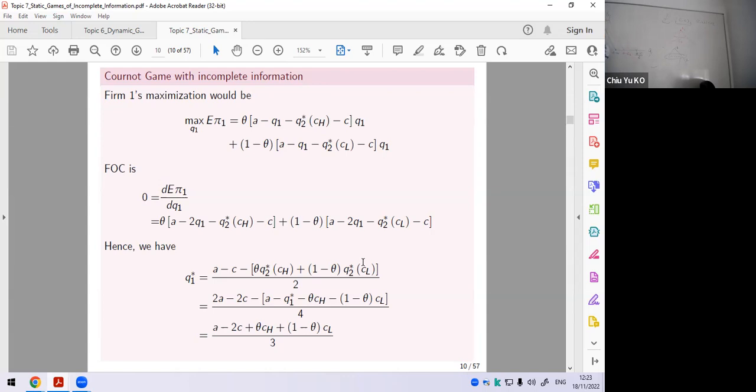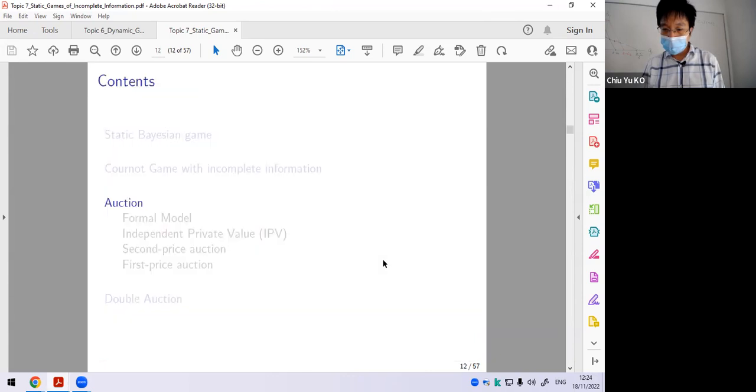It turned out this Q1 will be somewhere in the middle, and that would be the payoff.